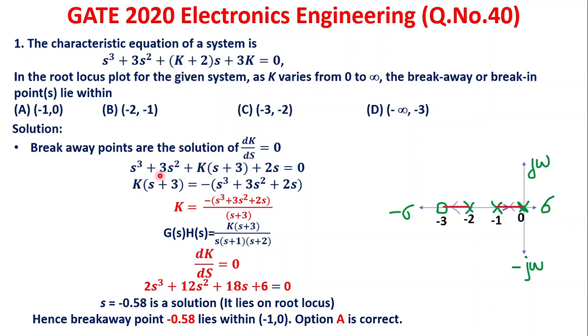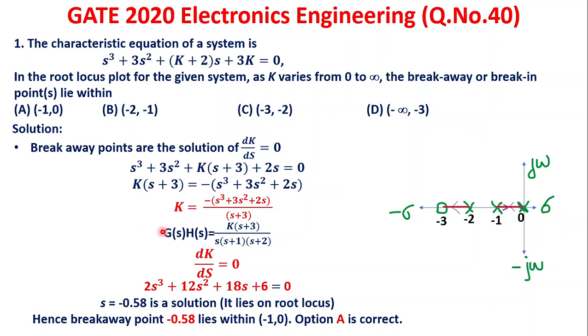From the characteristic equation, we can write the expression for k. Just by rearranging this equation and writing in terms of k, we get this. Then from that k expression, I have also written g of s h of s, just for the sake of seeing the root locus on the real axis. Because k equal to this means g of s h of s equal to this.